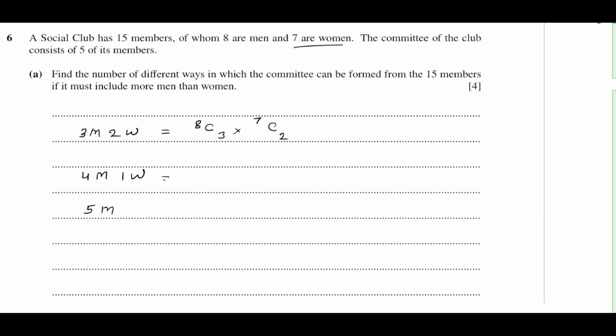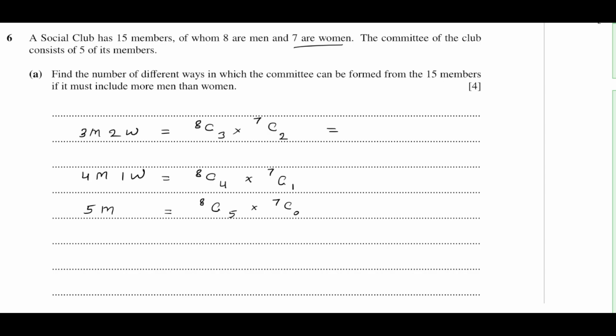Similarly, out of 8 men, we will select 4 men, and out of 7 women, we will select 1 woman. And here, out of 8 men, we will select all 5 men, and from the 7 women, we will select none. Okay.